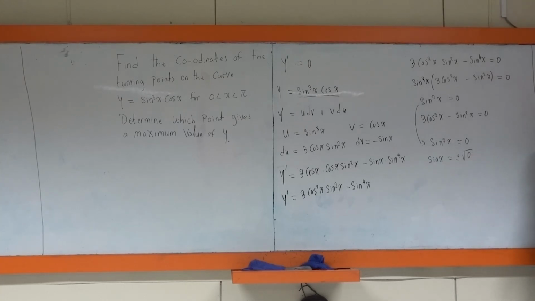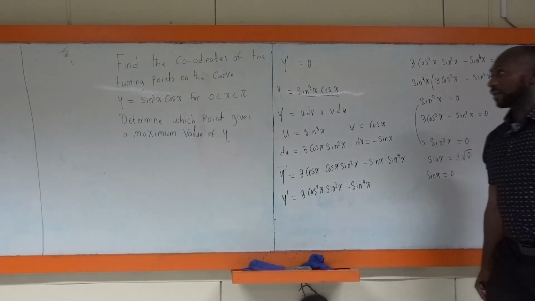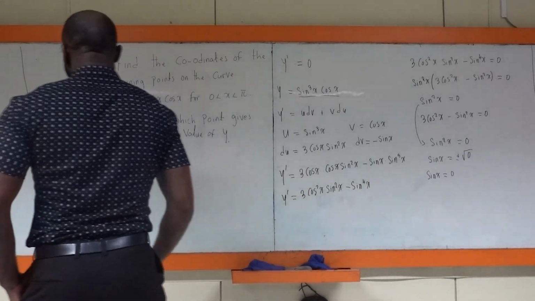And square root of 0 is also 0. So we can say sine of x is equal to 0. Now, remember, let's recall.